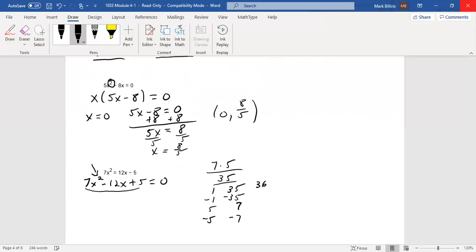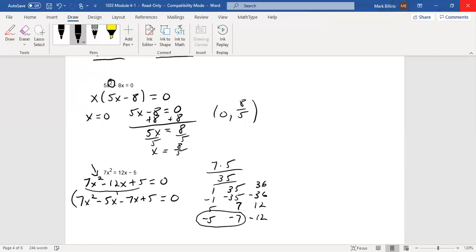So this gives me a 36, a negative 36, a 12, and a negative 12. Since my middle term is negative 12, I use the negative 5 and negative 7 to rewrite my expression. So I have 7x squared minus 5x minus 7x plus 5 equals 0.